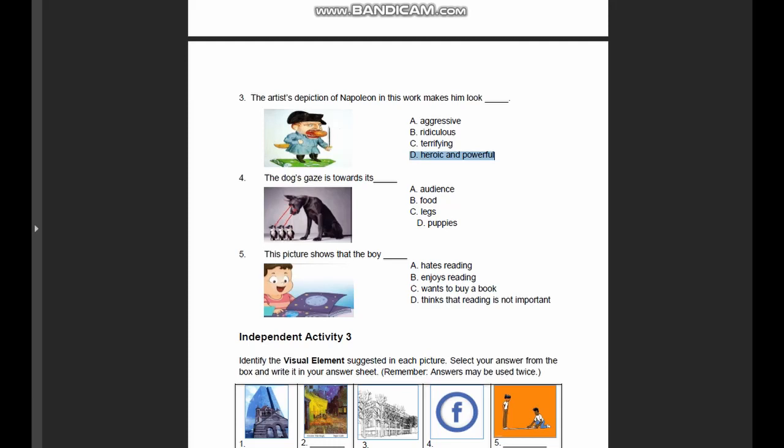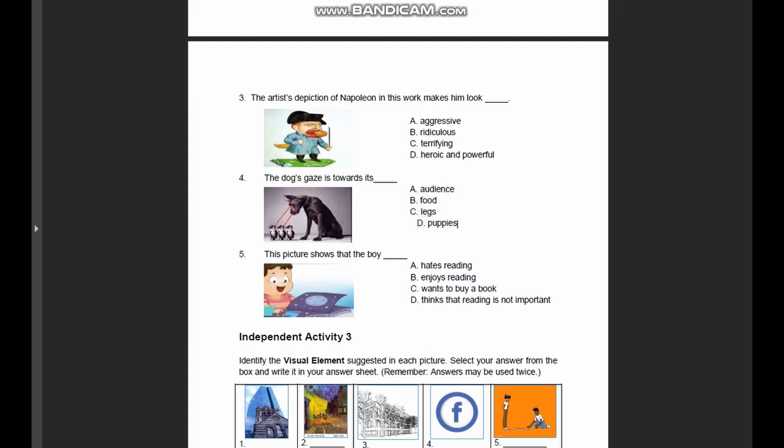Or D, heroic and powerful. Number 4, the dog's gaze is towards its blank. A, audience. B, food. C, legs. D, puppies.